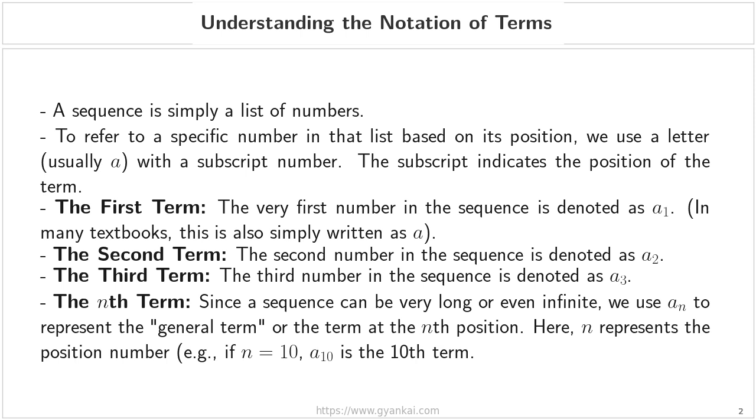This, a sub-n, is what we call the general term, and it allows us to discuss any position in the sequence using a single, universal formula. Keep this notation in mind, because in the next slide, we will use these exact labels to define the mathematical relationship that makes a sequence an arithmetic progression.